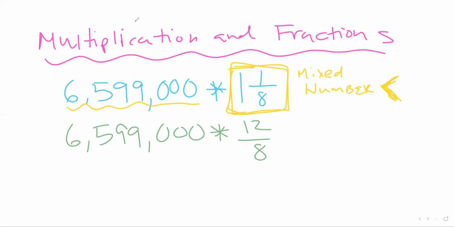That's really what it comes down to: 6,599,000 times something larger than 1 is going to be larger than 6,599,000. And if I look here, this is a top heavy fraction, so that's actually a larger one, right? Top heavy. So when I multiply that, something larger than 1, I know my answer will also be larger than the 6,599,000 that I have here.